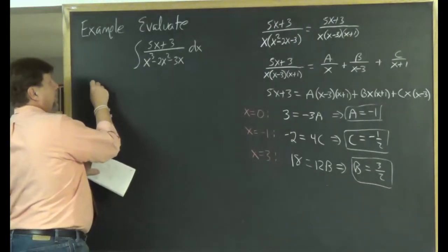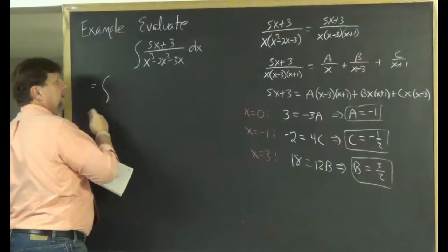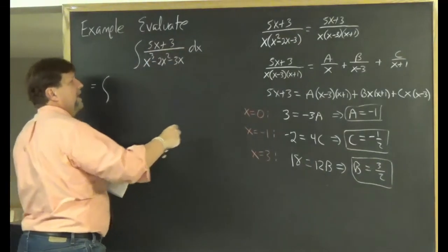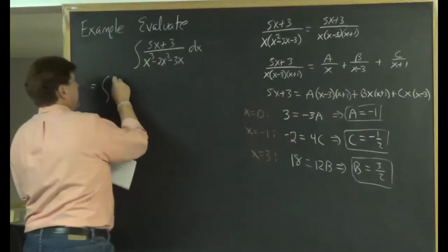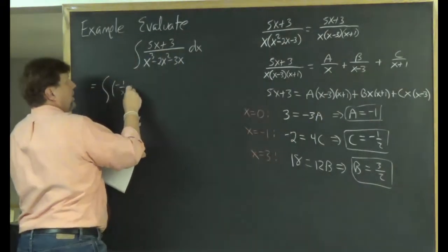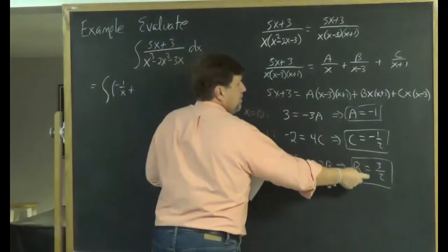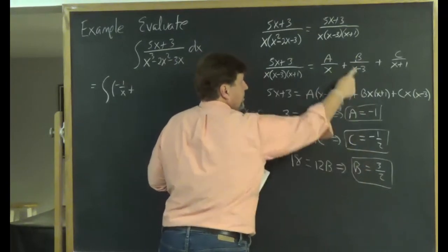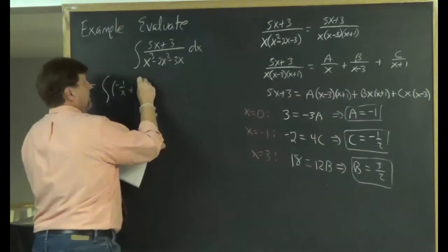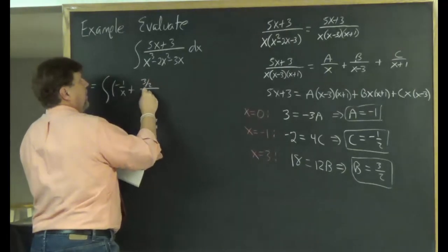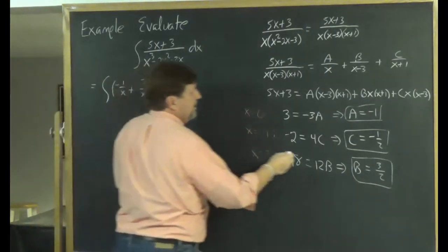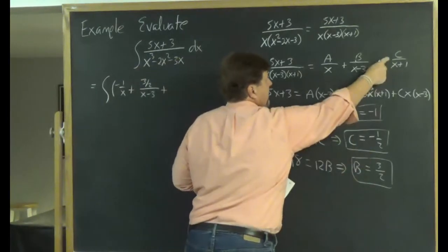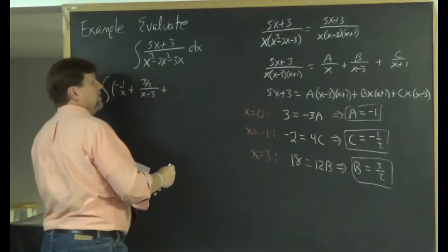So my original problem, this mess, I can rewrite as A over x, that's negative 1 over x, plus B, which is 3/2, over x minus 3, plus C, negative 1/2 over x plus 1.